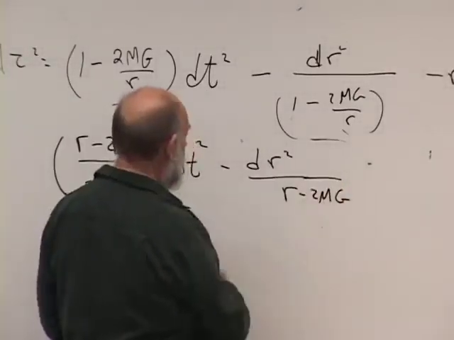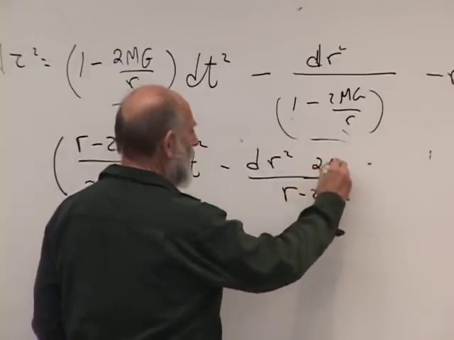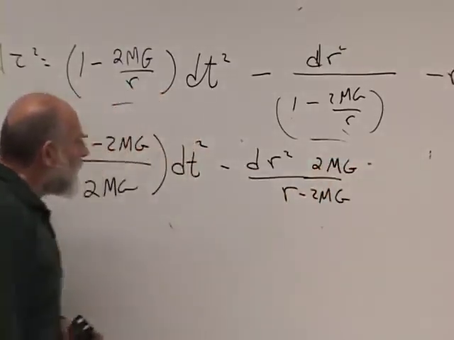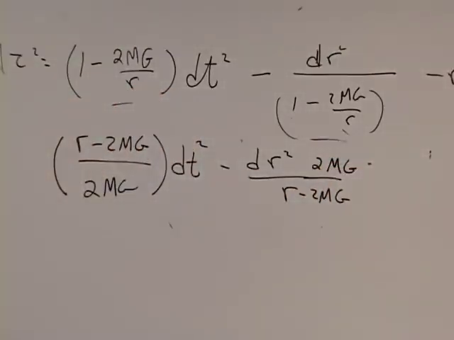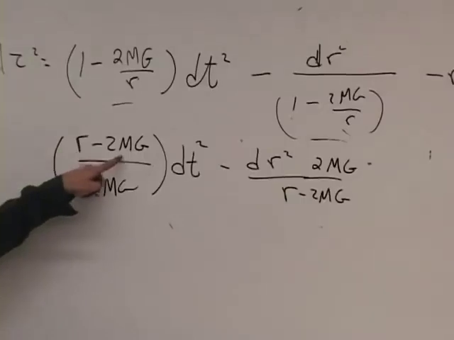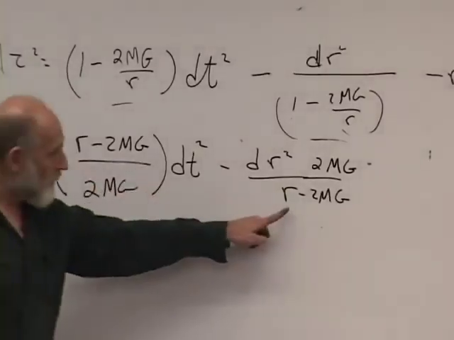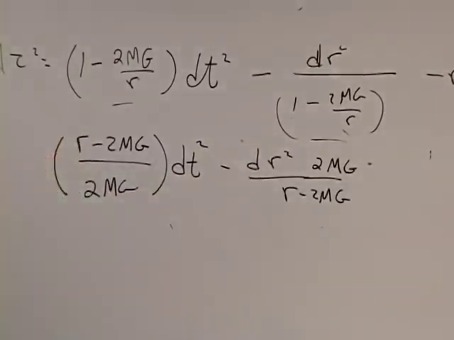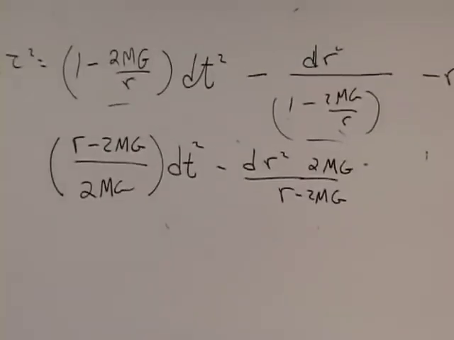Likewise over here, 2mg. That's a good approximation to the metric very near the horizon. Notice it still has the property that it goes to 0 when r goes to 2mg, and this one goes to 0 in the denominator when r goes to 2mg. And I've made a small approximation near the horizon.